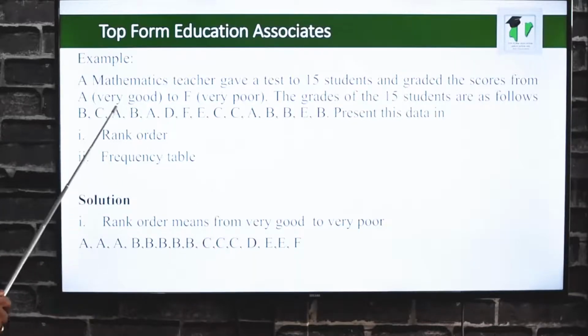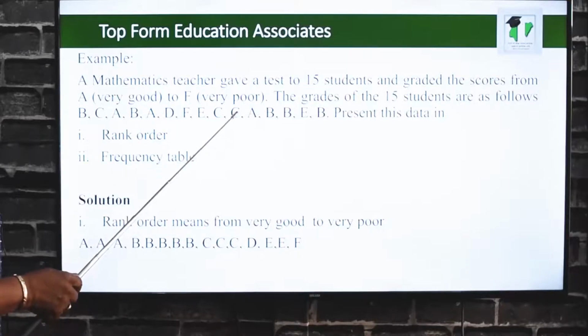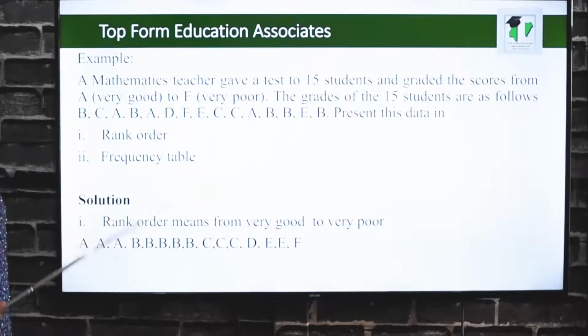Then C. We have C, 1, 2, 3. 3 students got grade C. We present it C. D. How many students? Only 1 student got grade D. E. How many? 1 and 2.